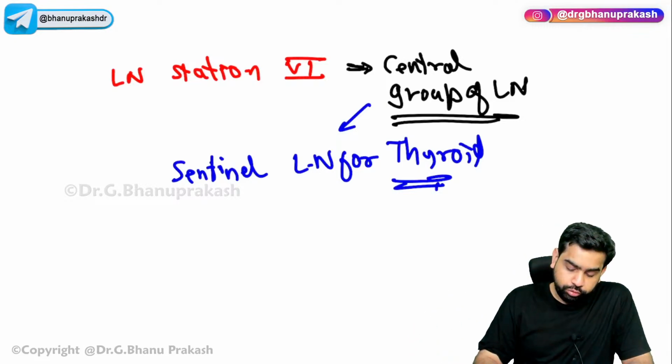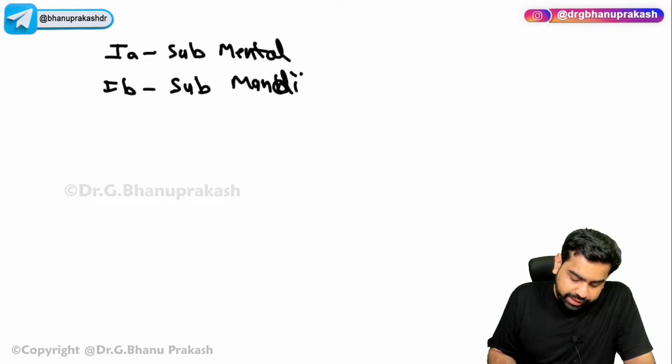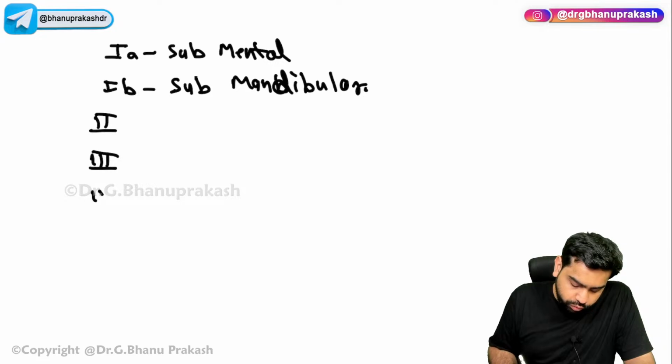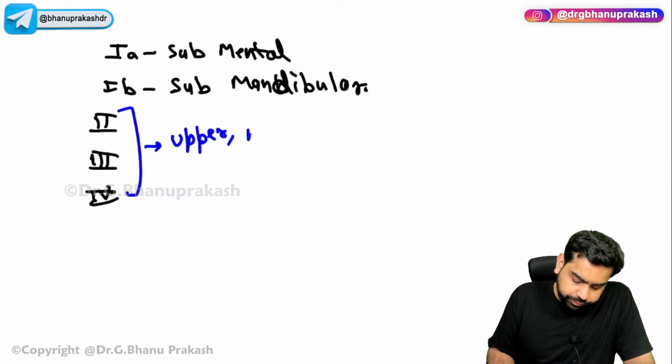Now you guys are asking me about the lymph node stations of the neck, so I'll quickly tell you. Lymph node station 1A is the submental group of lymph nodes. Station 1B is the submandibular group. Then 2, 3 and 4 are the upper, middle and lower jugular groups of lymph nodes.